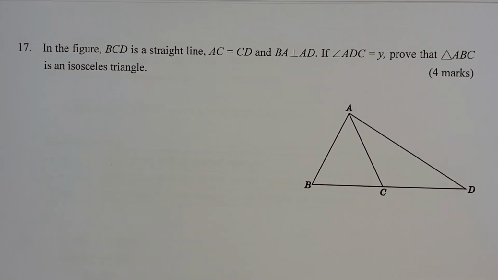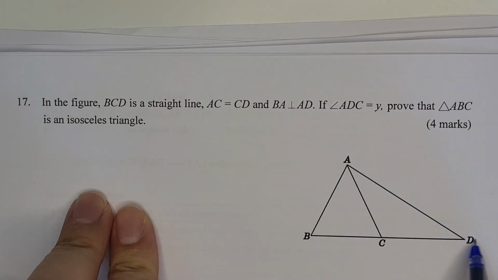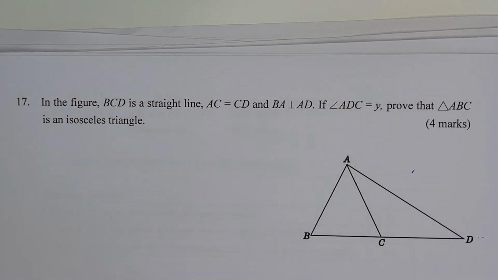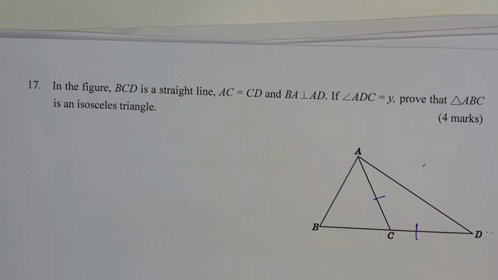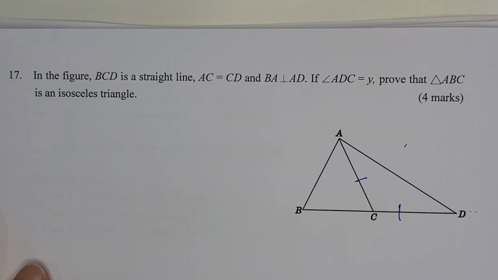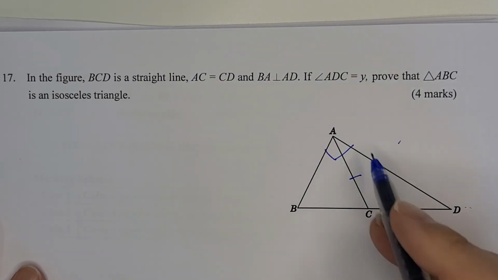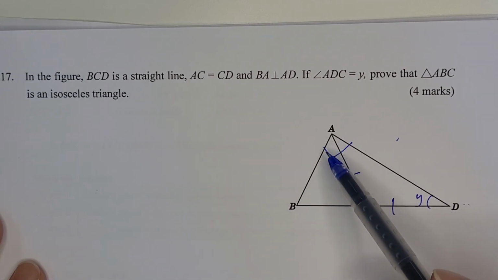And for question number 17, in the figure, BCD is a straight line, AC equals CD, BA is perpendicular to AD, so mark the right angle here. If angle ADC equals y, prove that ABC is an isosceles triangle.